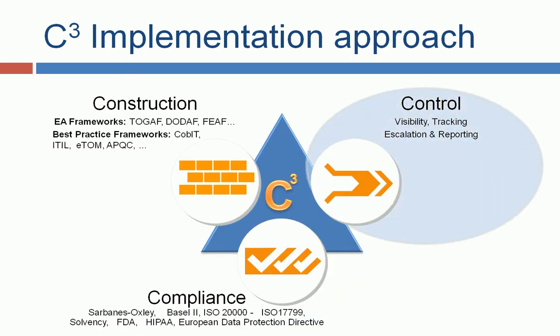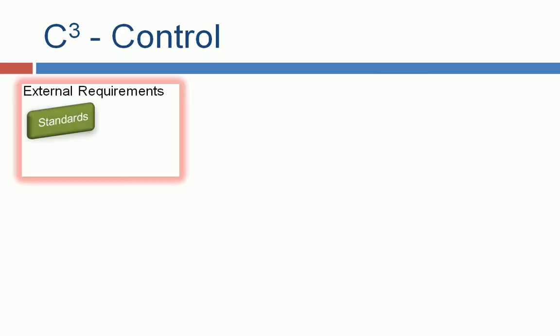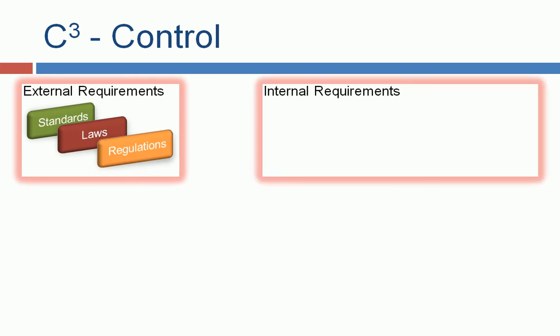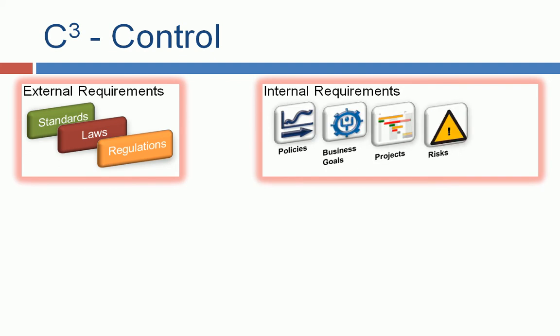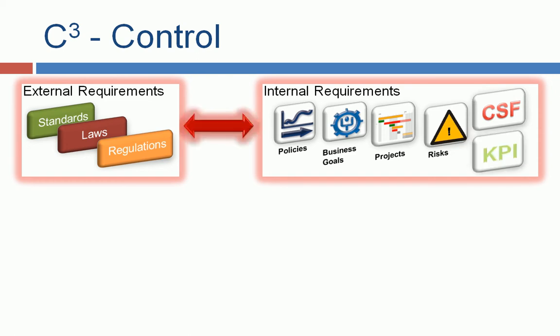The last part is the control. We have now different requirements. We have external requirements like standards, laws, regulation, and we have internal requirements like policies, business goals, any kind of project requirements or risk requirements, critical success factors, KPIs. The external and the internal requirements are cross-related and dependent, of course.